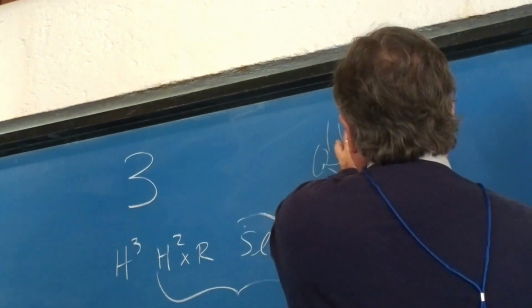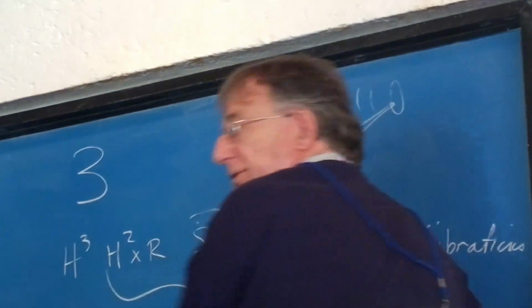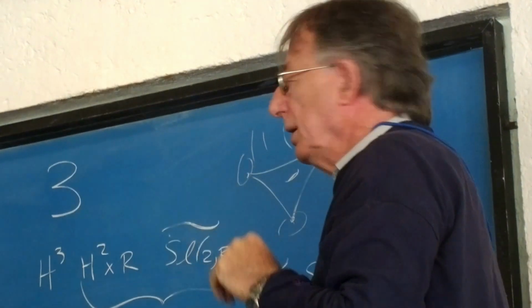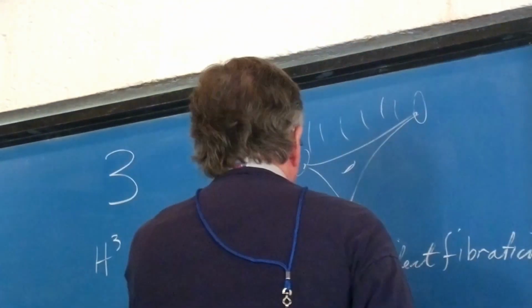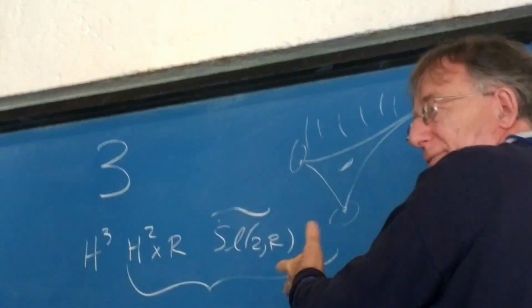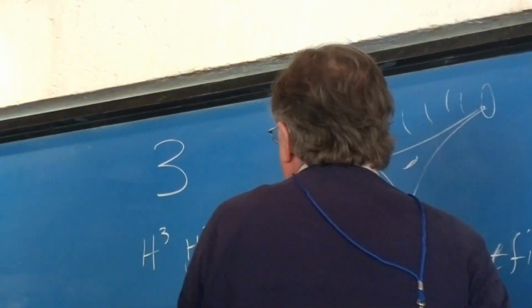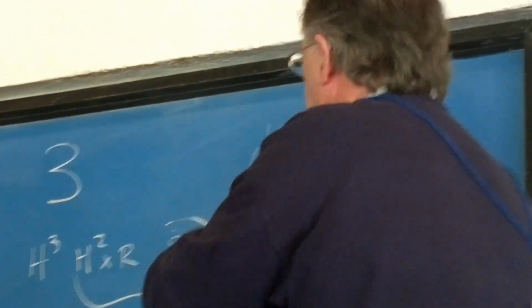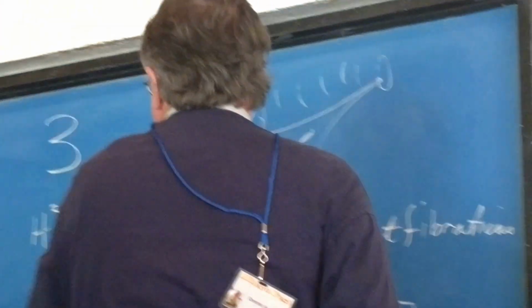So a thing cross S1 could either have this structure or this structure. It's not determined by the topology. So I'm going to group these two together and just call them cyclic fibrations. Sometimes you have to use this one, but sometimes you could use this one or this one. Depends on if you have special fibers or not. Okay.